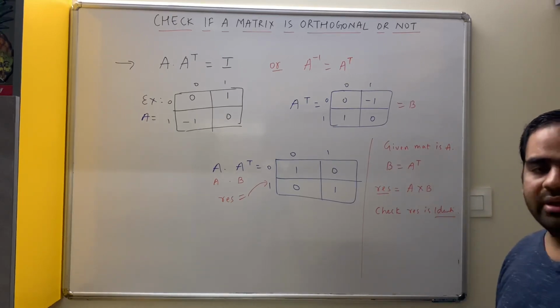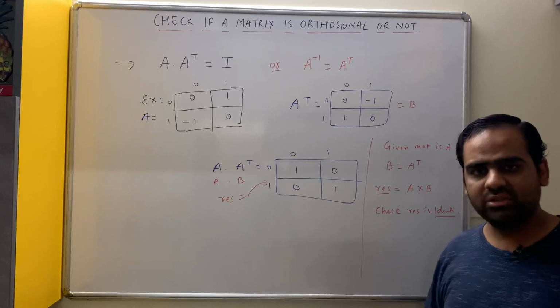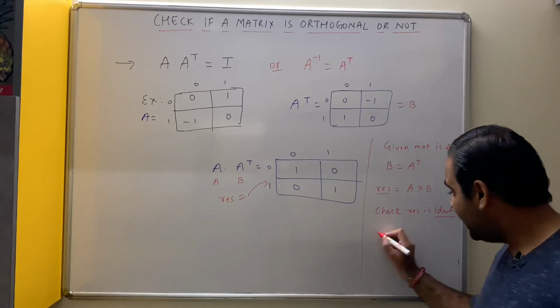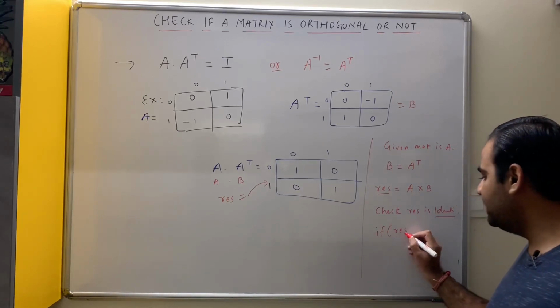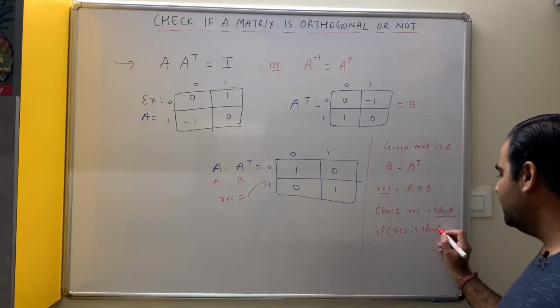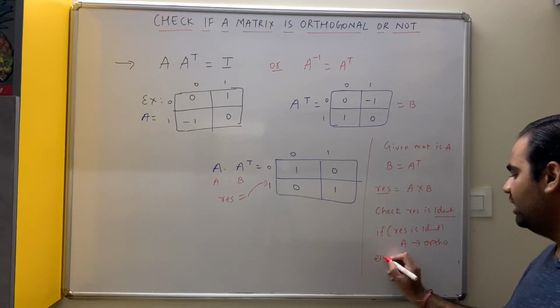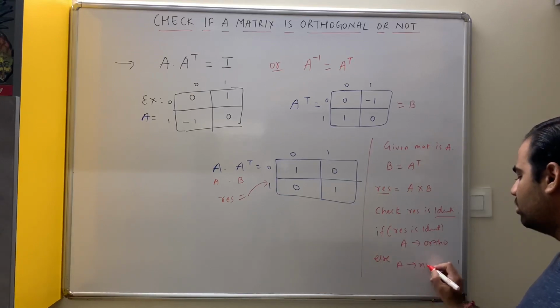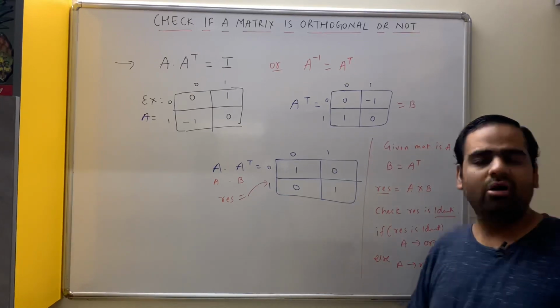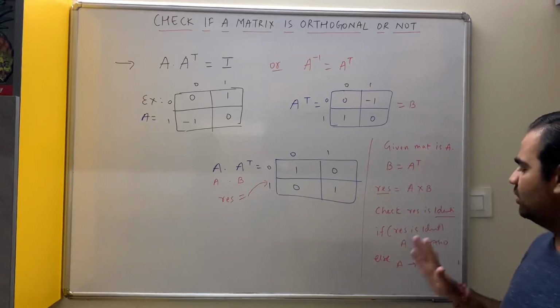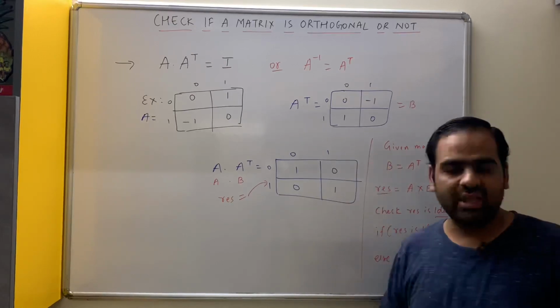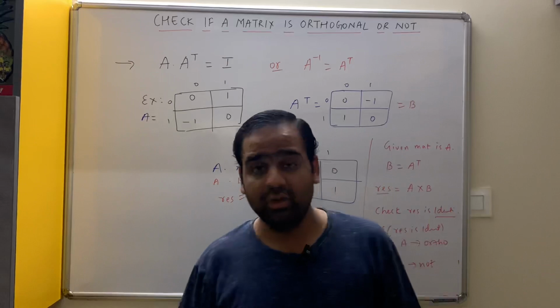Again I will give the link in the description section. Please watch that video before watching this. Now if result is an identity matrix, then A is orthogonal, else A is not orthogonal. This is the simple algorithm to check if the given matrix A is orthogonal or not.